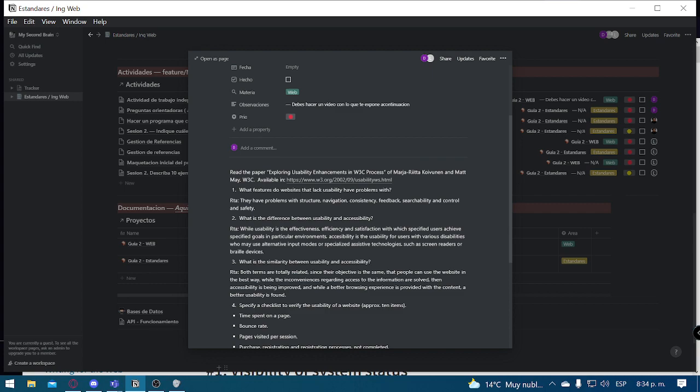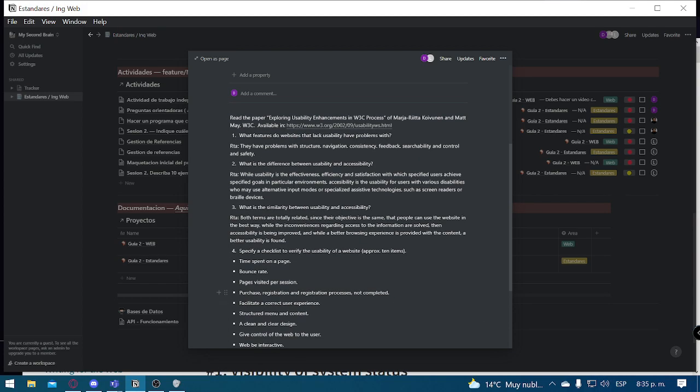And the difference between usability and accessibility is that while usability is the effectiveness, efficiency, and satisfaction with which specific users achieve specific goals in particular environments, accessibility is the usability for users with various disabilities who may use alternative input modes or specialized assistive technologies such as screen readers or braille devices.